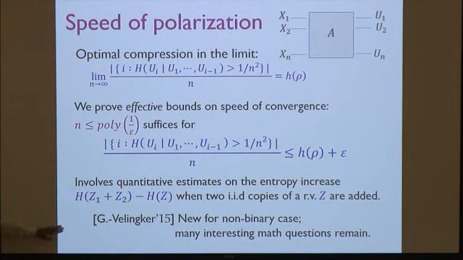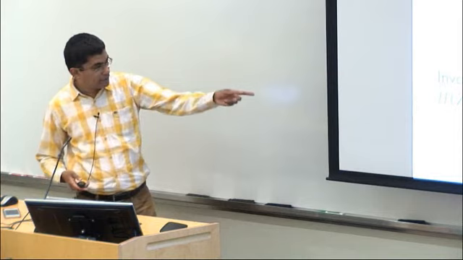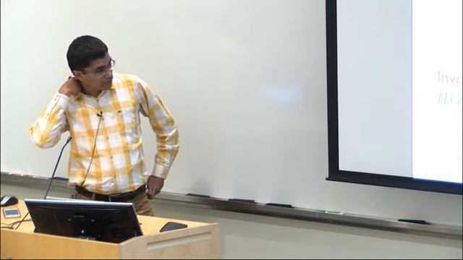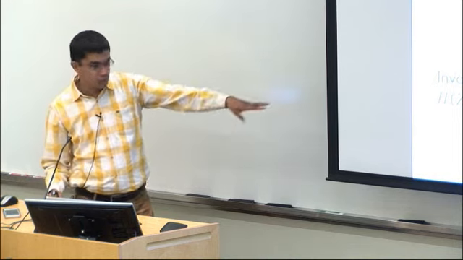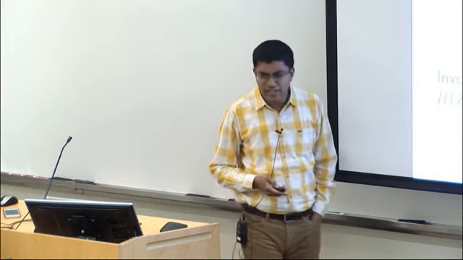We did something ad hoc to prove a similar result, but the bounds are pretty weak. I'll be happy to tell people offline if they want to know. There is a very clean entropy sumset inequality type question lurking underneath this. Okay, so that's the polar coding thing. Any questions about this? That's all I want to say.